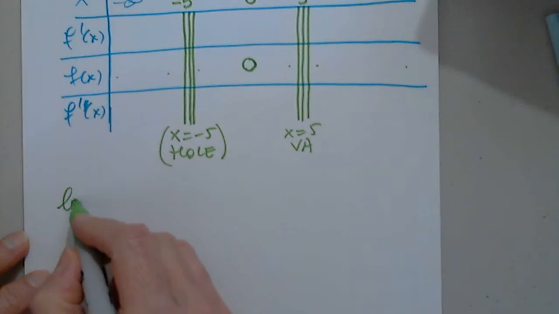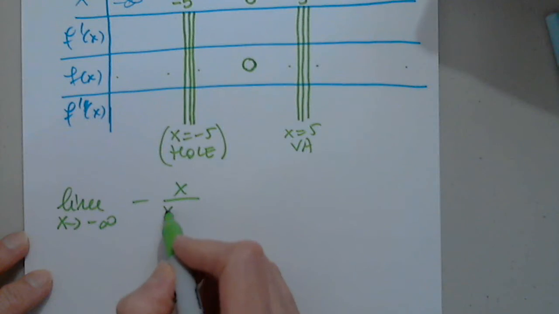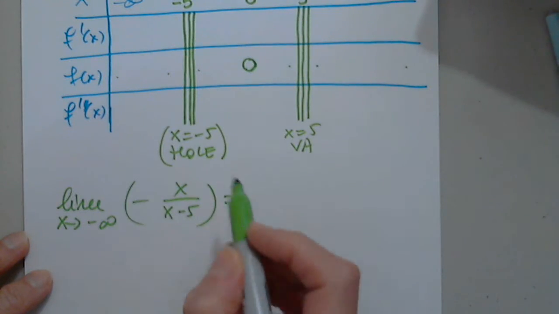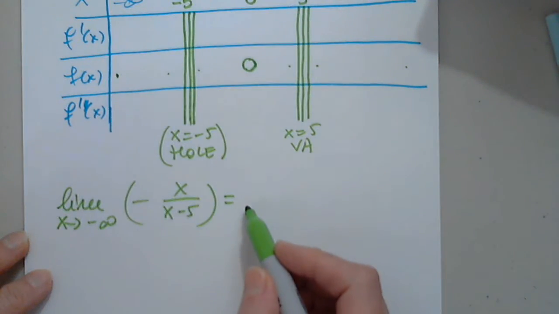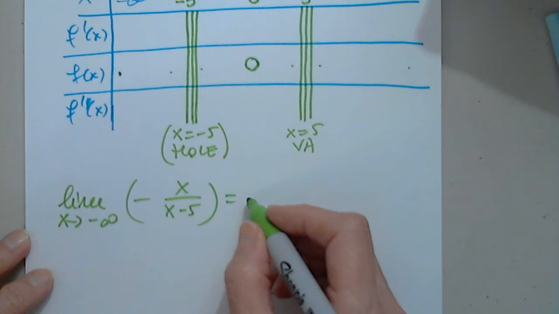As x approaches -infinity, of -x over x minus 5. What do we get? And I'll put it here. Anyone?